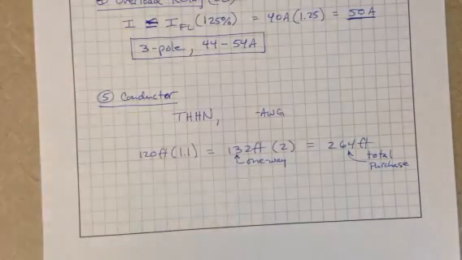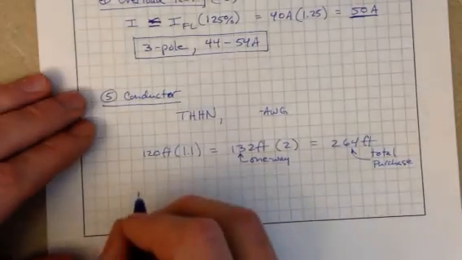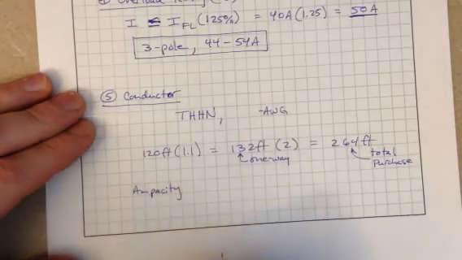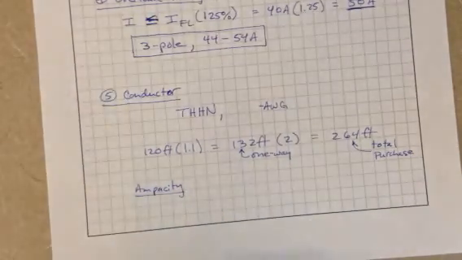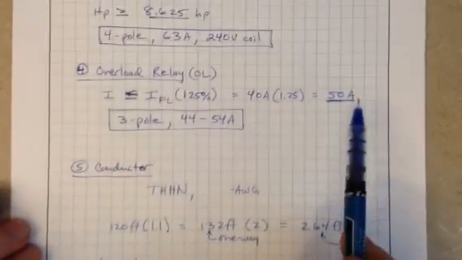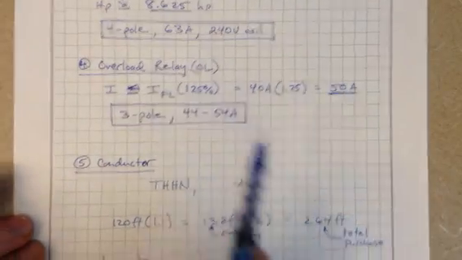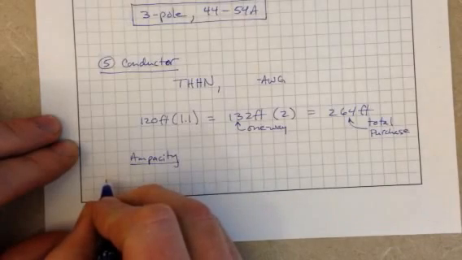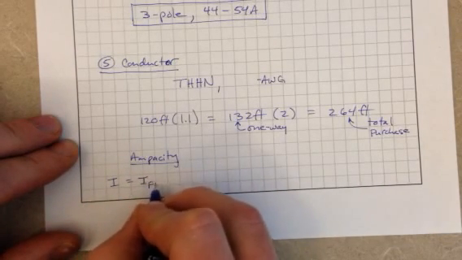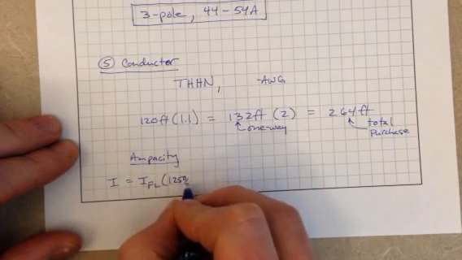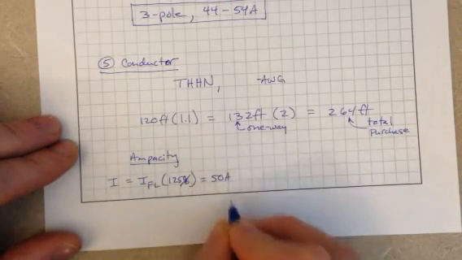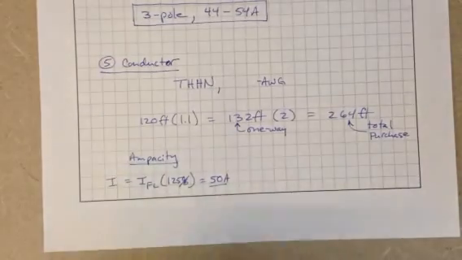Okay? Now, looking at ampacity. So we have an ampacity consideration. We have our full load current times the 125, okay? So we need, same as above, full load current times 125 per the NEC. Give us our 50 amps, okay? So we're going to use that 50 amp row.